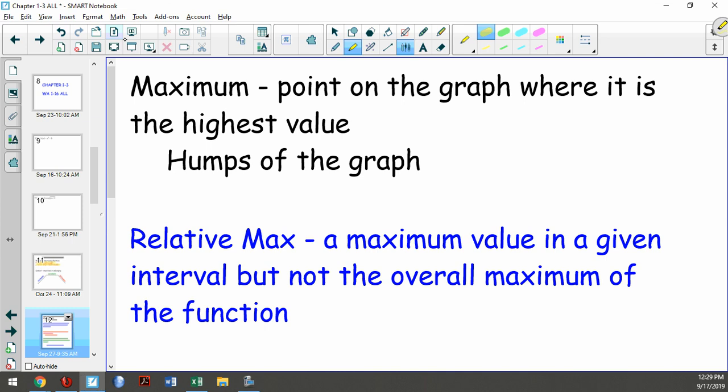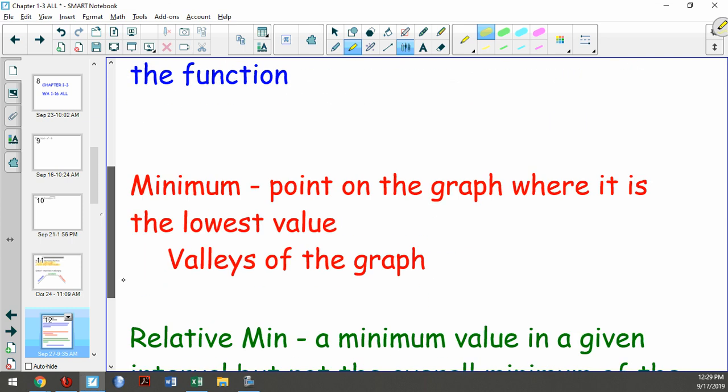The relative maximum is I'm going to give you a region of x values, let's say between -4 and +2, and I want you to give me the maximum value between -4 and +2. Does that mean it has to be the maximum value over the whole graph? No, it means for the region -4 to 2, it is the highest part of the graph. Do we understand that?